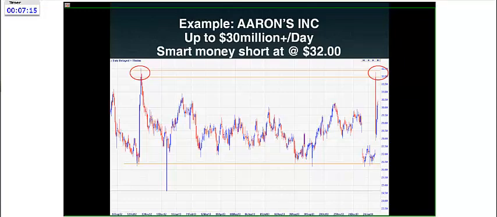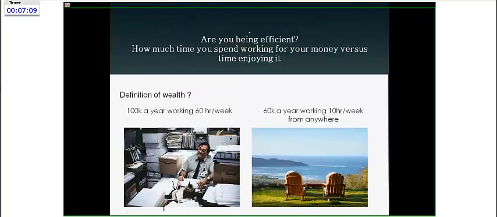The focus of any business, whether it's brick and mortar or stock trading, is, are you being efficient? If you write the same email 20 times a day, you should probably automate that or put it up on your website as a frequently asked question. That's efficiency.